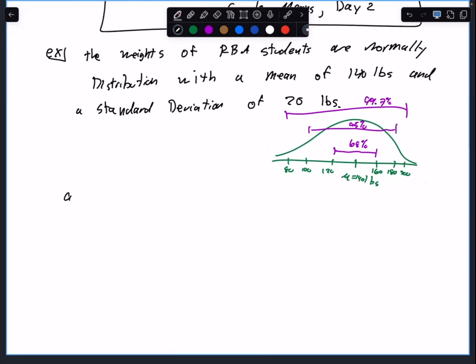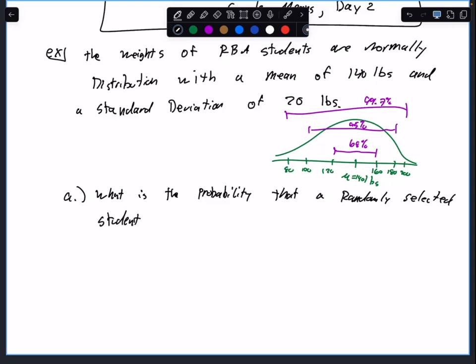Question A, which is again review from last unit. What is the probability that a randomly selected student weighs more than 125 pounds?